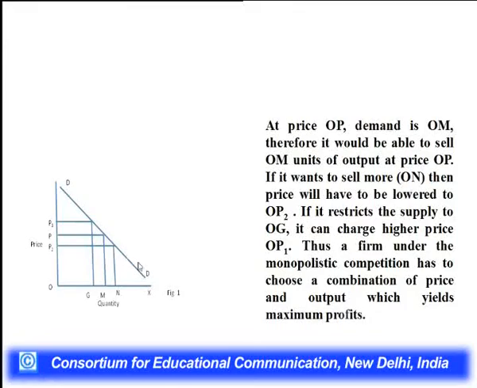This can be shown in the diagram also, that this demand curve is downward sloping. At price OP, the seller can sell OM units of the product. If he wants to sell more, as ON, he will have to reduce the price to OP2, and if he wants to sell the commodity at a price OP1, then production will have to be reduced to OG.